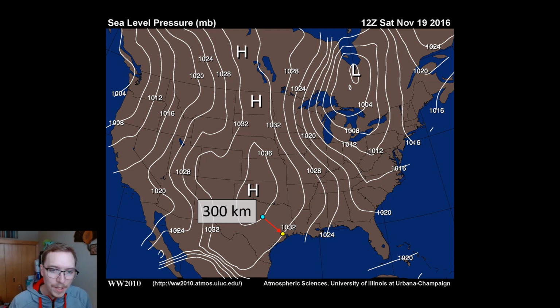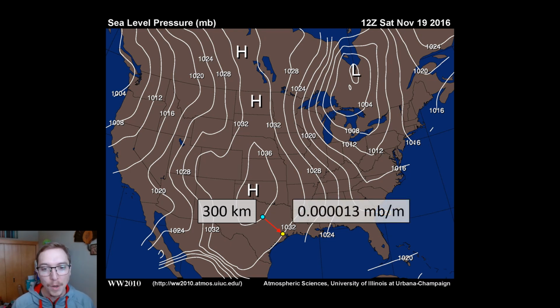All you have to do is take the difference between the pressure at those two spots, 1036 minus 1032, that's just 4. And then you divide it by the horizontal distance, so 300 kilometers or 300,000 meters.